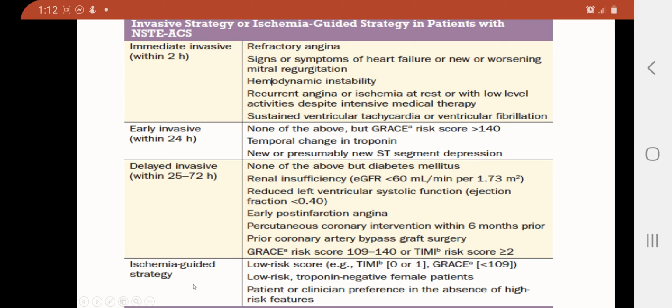And finally, ischemia guided means you have low risk score, negative troponin, and patient or clinician preference in the absence of high risk features. It means it's the decision of the patient or clinician that they just want an ischemia guided strategy.